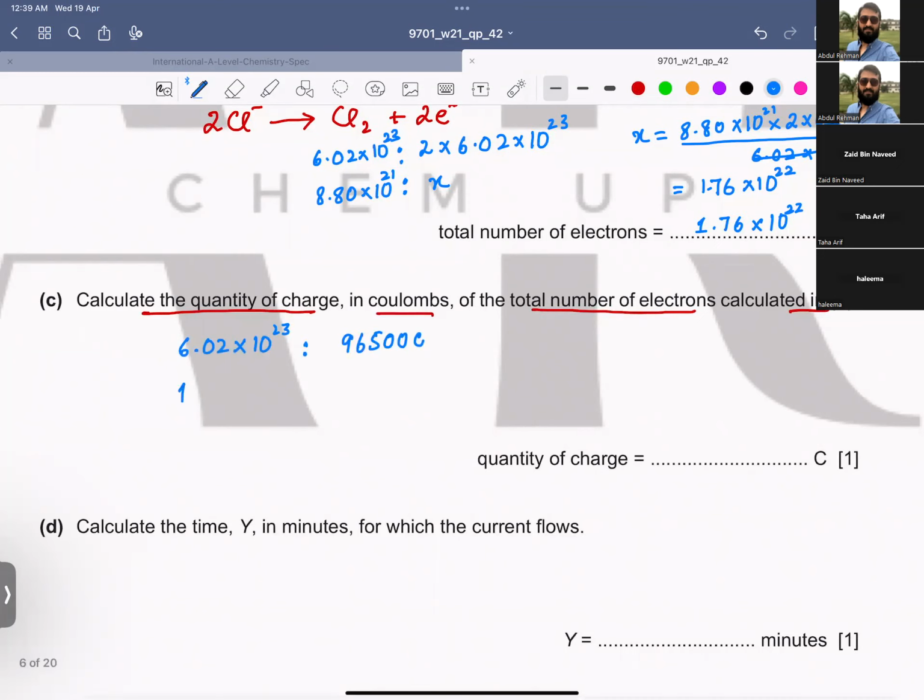In the experiment, the number of electrons transferred is 1.76 exponent 22. The charge would be X. So X would be 1.76 exponent 22 times 96500 coulomb divided by 6.02 exponent 23.